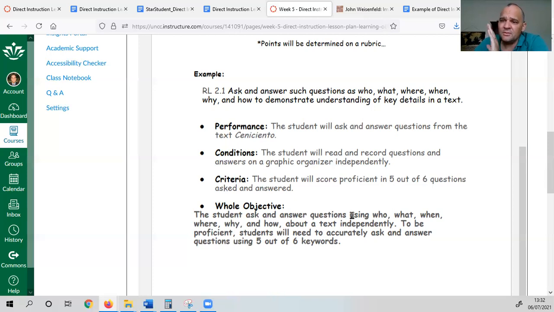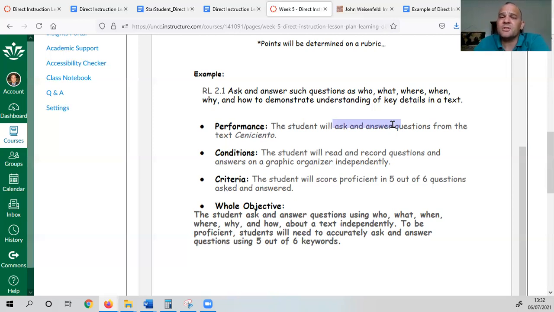Now I want you to really pay attention to the verbs in this objective statement. When you're writing your objective statements, you want to use strong action verbs. Why? Strong action verbs are measurable. They give us what we, as teachers, are able to see and assess.